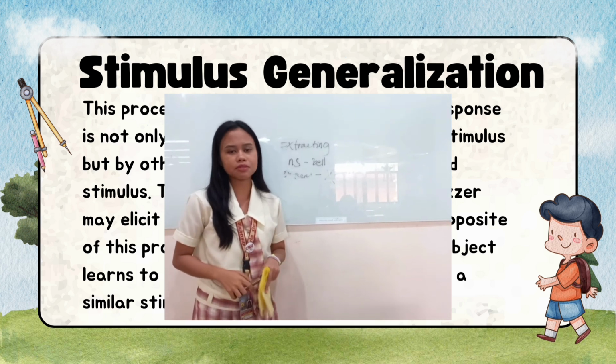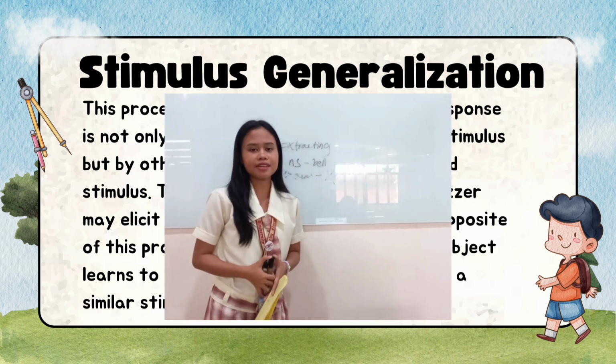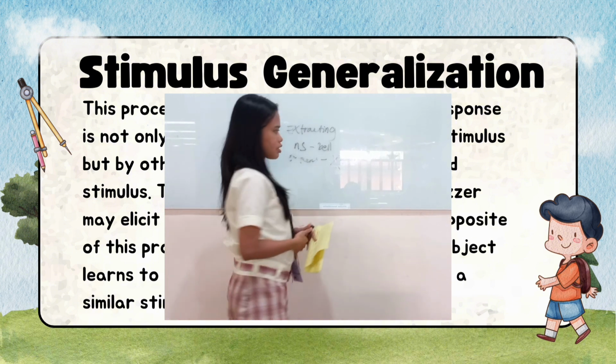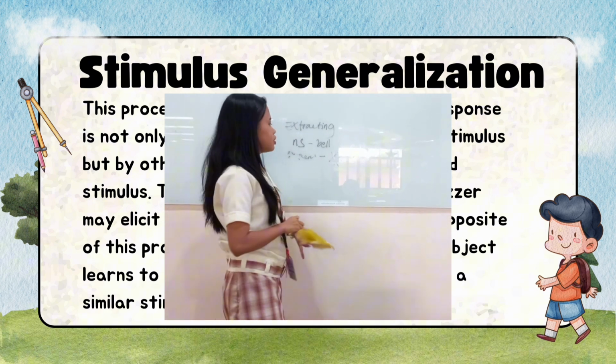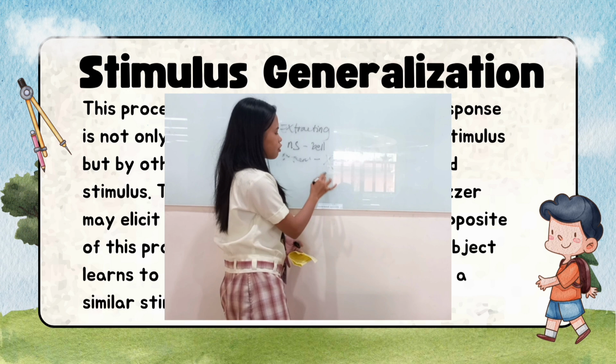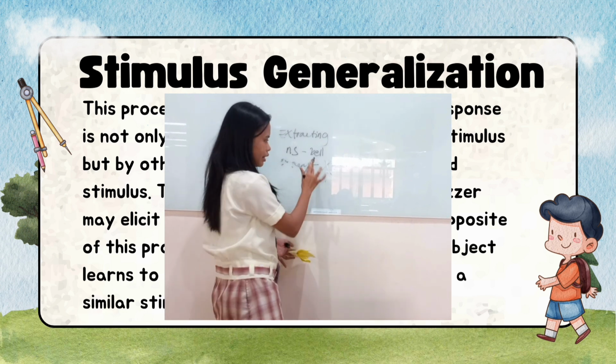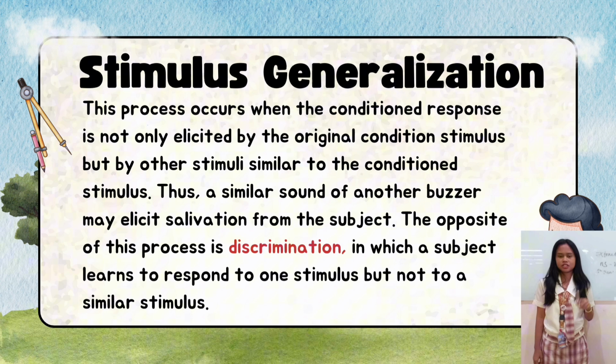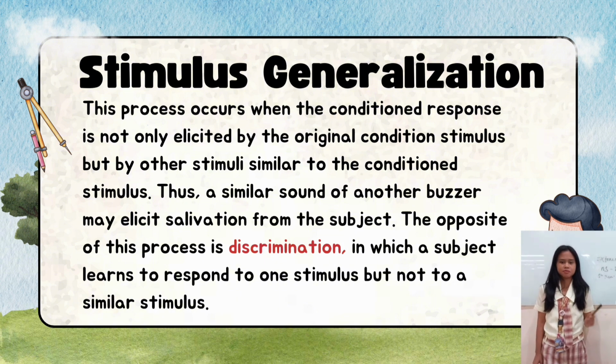So in the stimulus generalization, the conditioned response, or the dog, salivates to the sound of the xylophone, the same as to the bell.